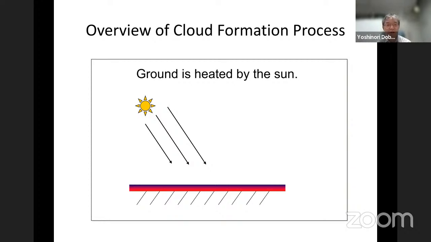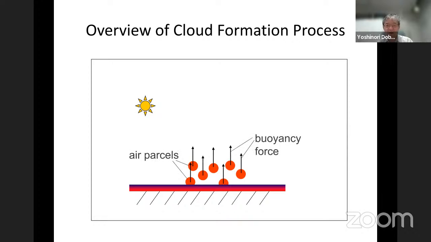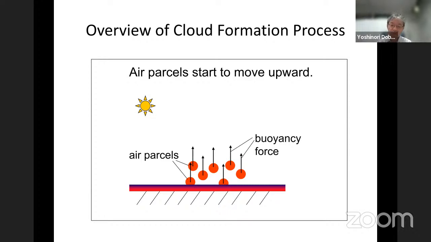Firstly, I would like to talk about an overview of the cloud formation process in the real world using this slide. When there are no clouds in the sky, the ground is heated by the sun. And then the air near the ground starts to move upward due to thermal buoyancy force.